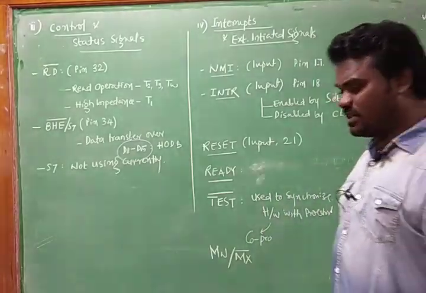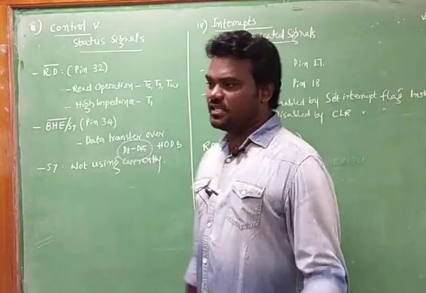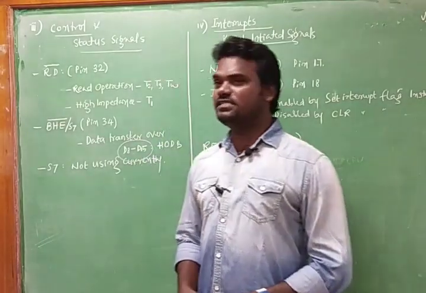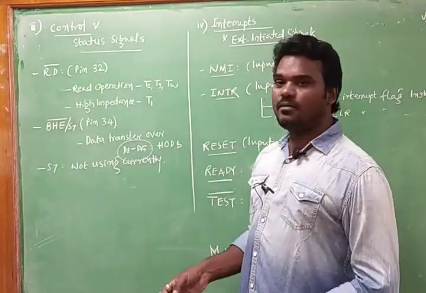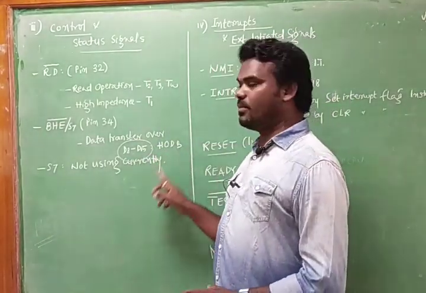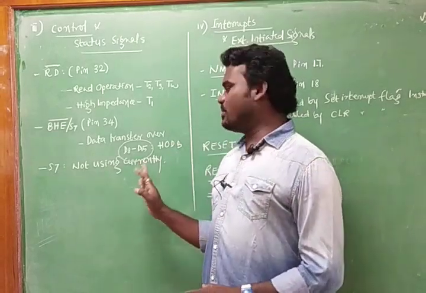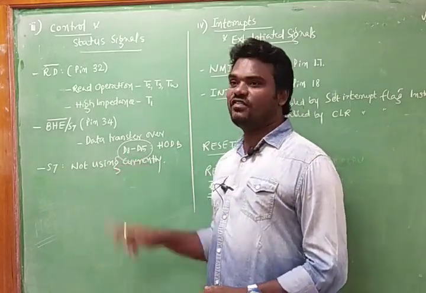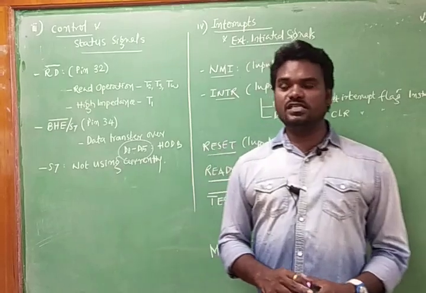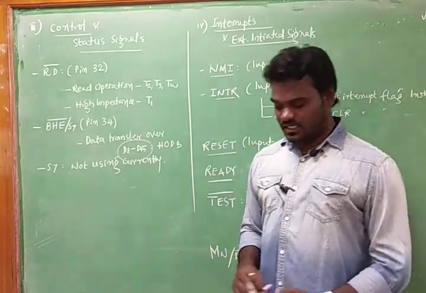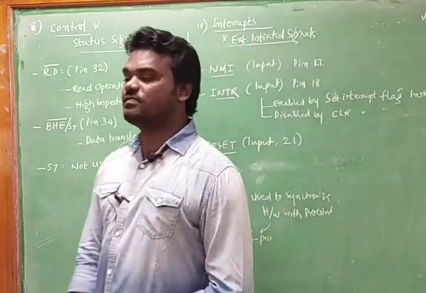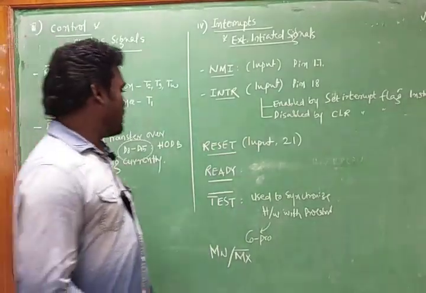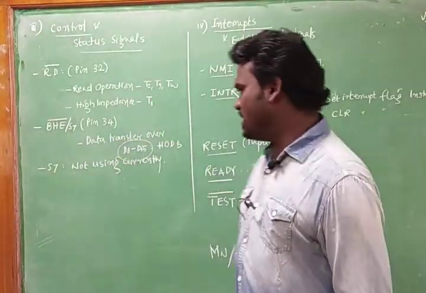D0 to D7 is named the lower order data bus, whereas the higher order data bus is D8 to D15. In total it has 16 lines, so the 8086 microprocessor has a 16-bit data bus.